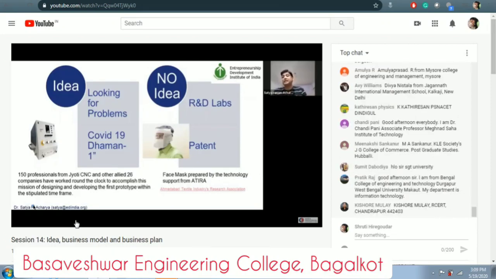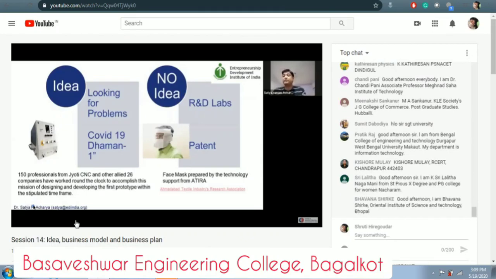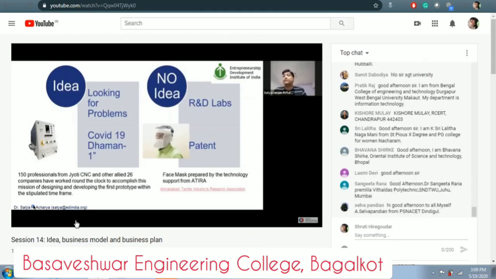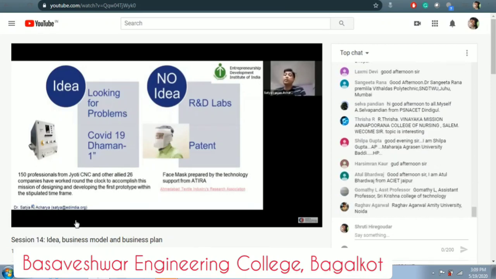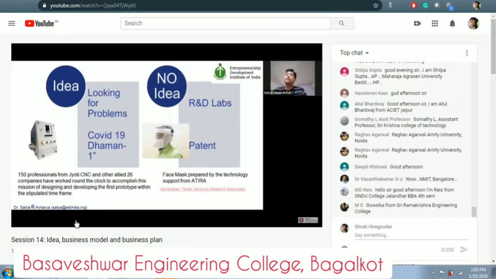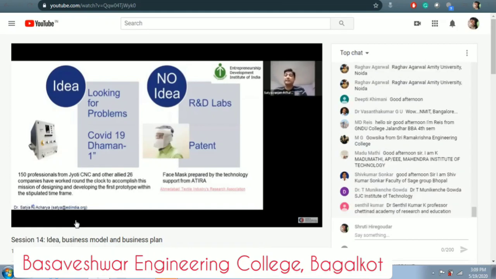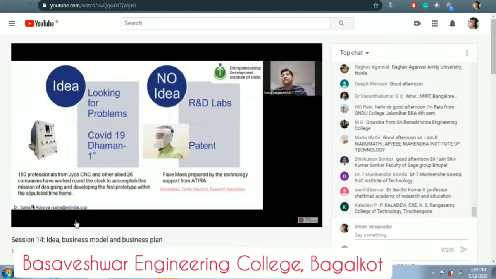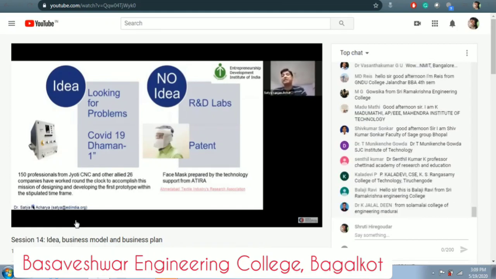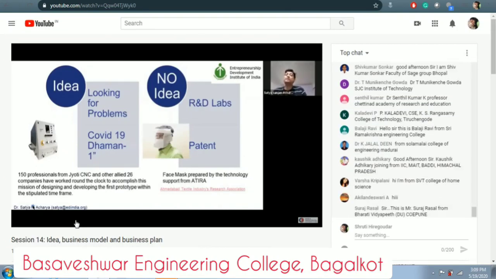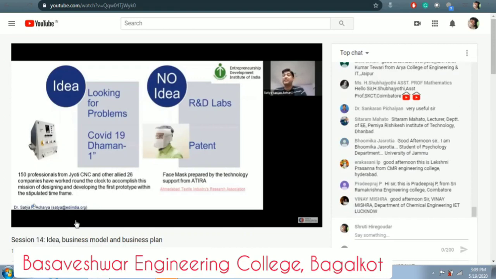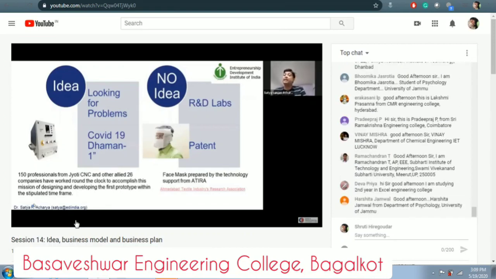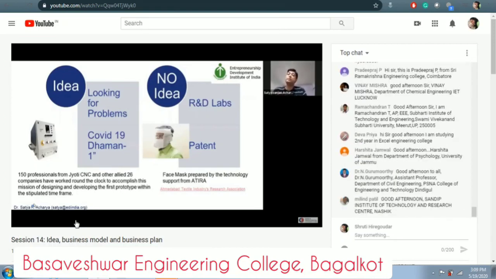The other is that you may not have an idea, right? You just identify there is a problem, and the other way is that you can go and identify what different technologies are available, which you can convert into a business idea. Here, I've taken an example: we have R&D labs, we have patent organizations. They come out with various patented technologies, and various laboratory-tested technologies are available. You can take those technologies and convert them into a business product.